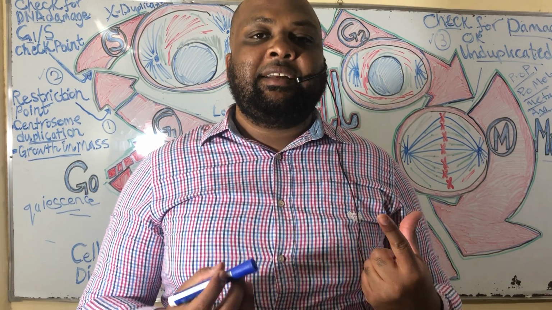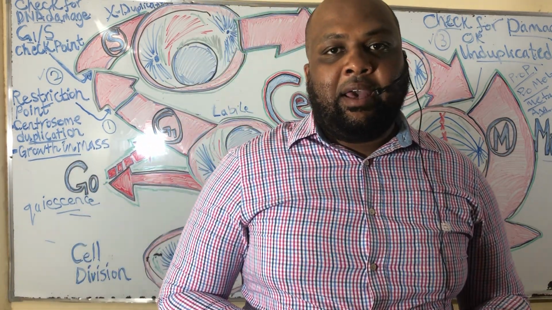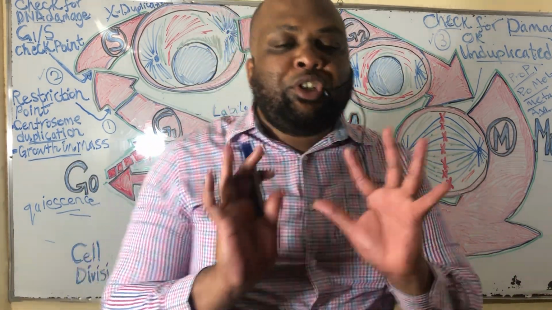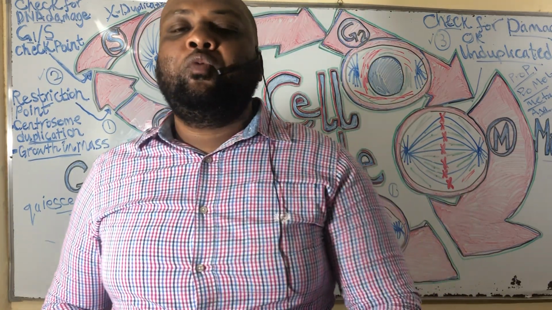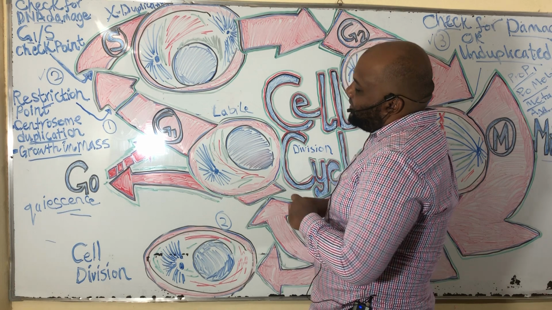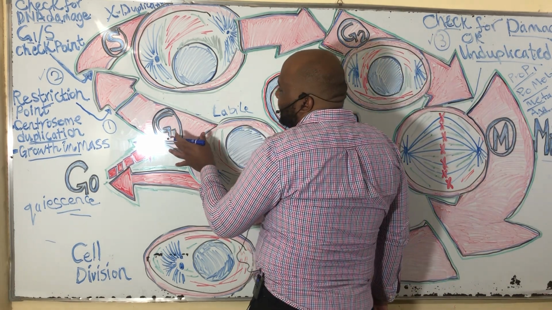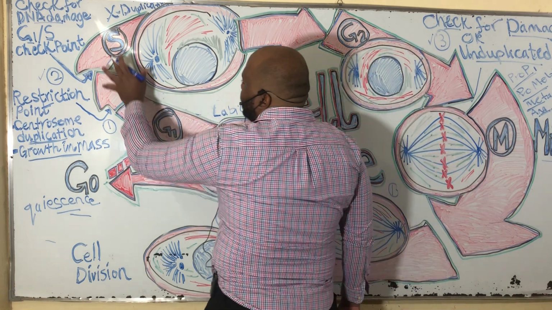When the kinase is activated, it will go and phosphorylate other enzymes that push the cell to move from one phase to the next phase. For example, there are kinases that are responsible for pushing the cell from the G1 phase into the S phase.